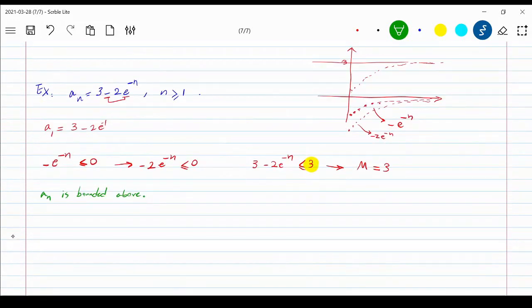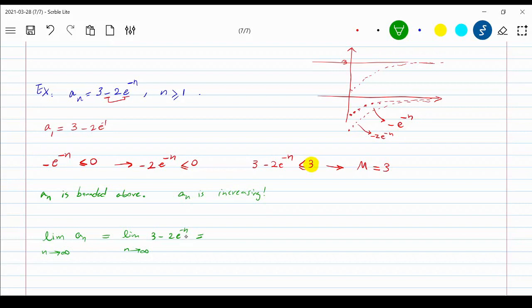And what I can say is I can find the convergence. So that means you have a bounded above sequence. In this case, it's an increasing sequence. So I can say it is convergent. So a_n is increasing. You can calculate and show that it is increasing. Therefore, there is convergence. So I can calculate the limit. The limit of a_n as n approaches infinity would be the limit of 3 minus 2e to the power negative n as n approaches infinity.